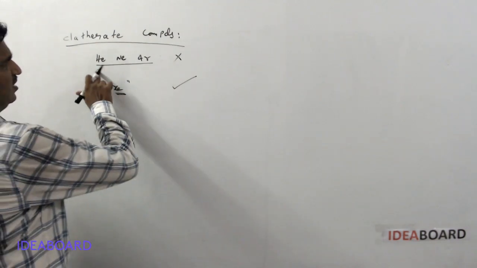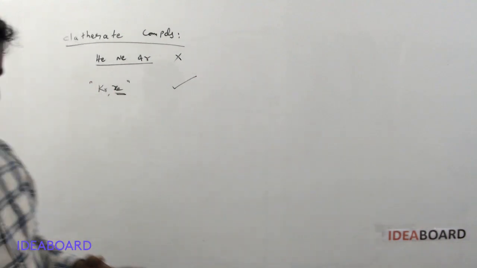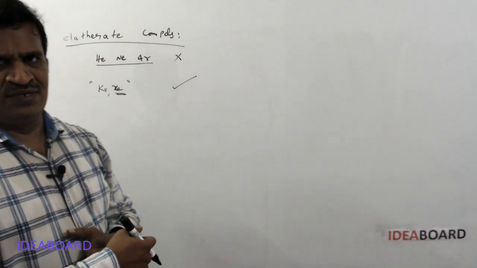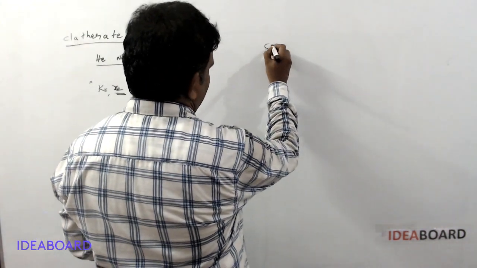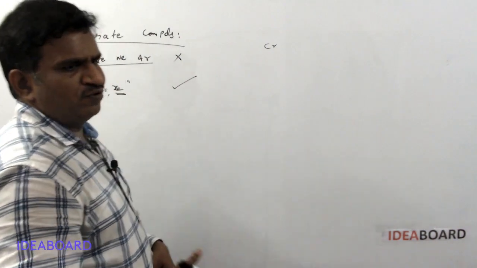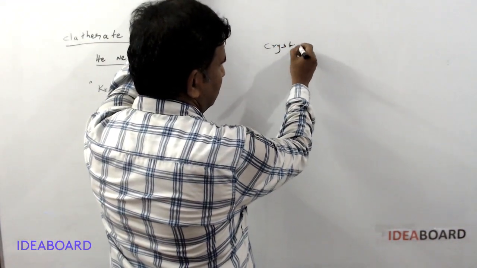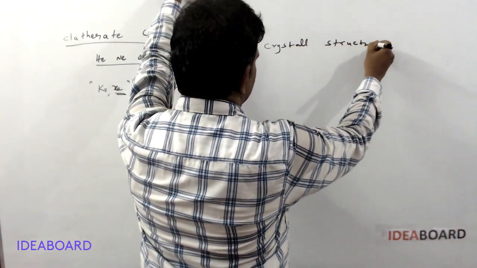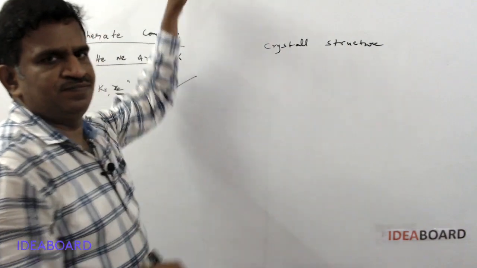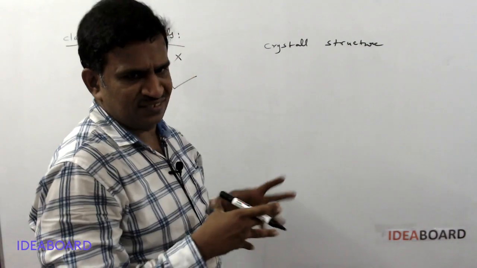Why are helium, neon, argon not forming clathrate compounds? First of all, what are clathrate compounds? Clathrate compounds mainly mean some compounds, some organic compounds, that have crystal structures. In the crystal structures there is a large gap or large volume present in the crystal lattice.